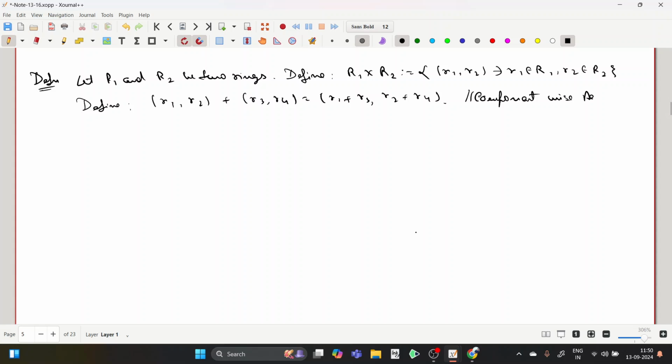And we will do a component wise multiplication as well. (r1, r2) times (r3, r4) is just (r1 r3, r2 r4). So we are just doing component wise multiplication. Observe that this immediately gives you a ring structure. The ring structure actually follows from each individual ring R1 and R2 itself. Clear?